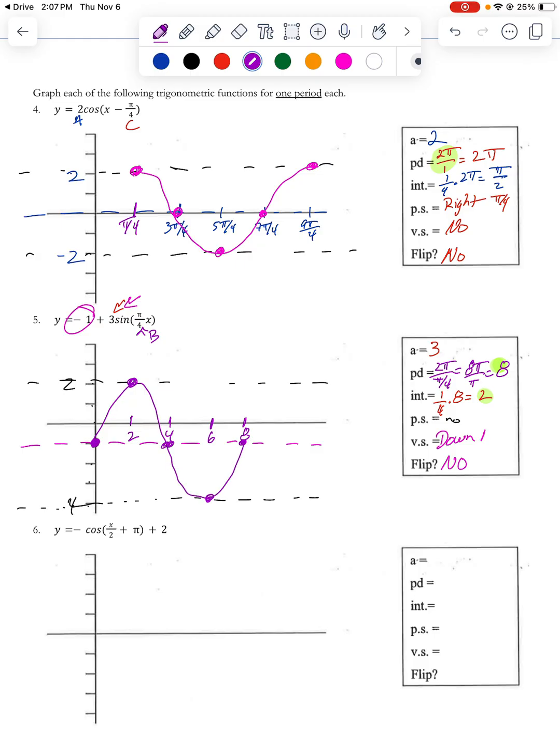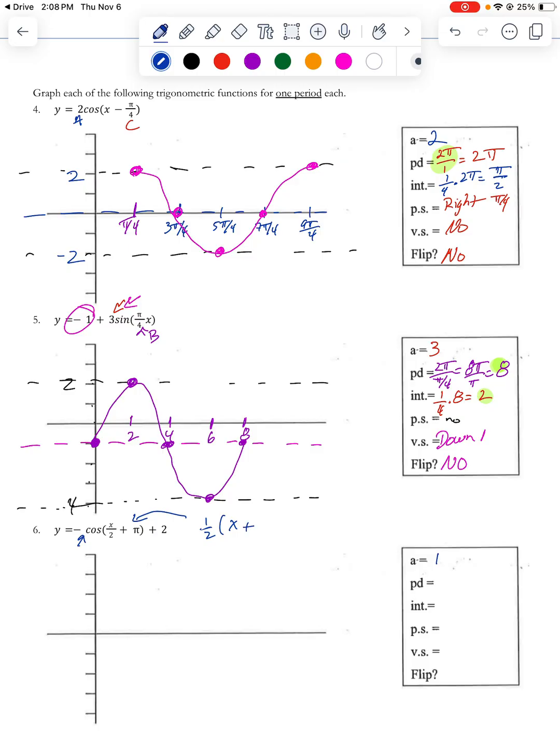All right, last graph. Here we go. Amplitude. There is not an A value. There's no number here, so the amplitude is just 1. This one's a little bit tougher. Your B is not factored out, so technically I need to take out the 1/2.